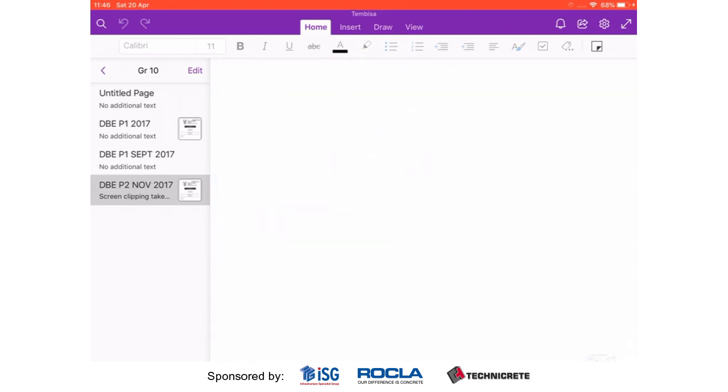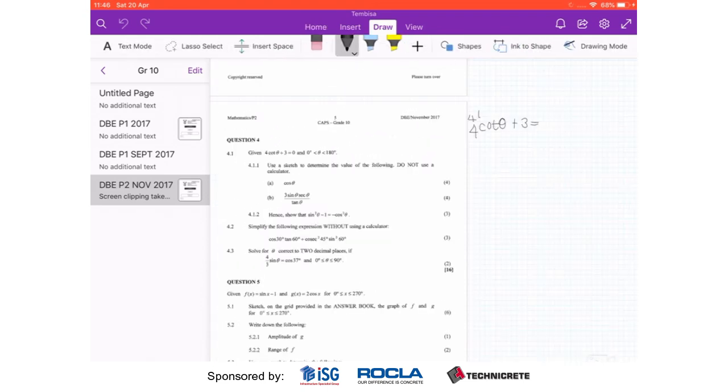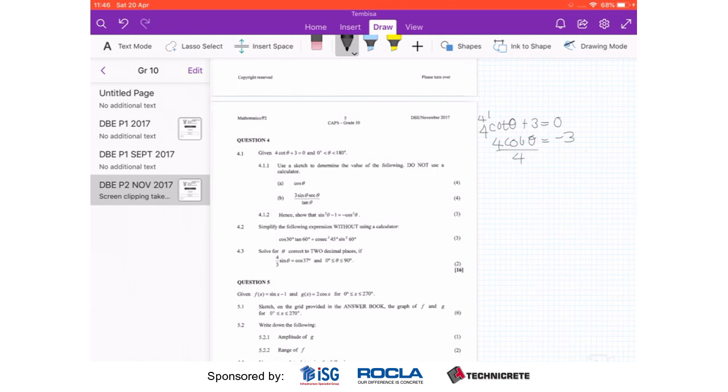It's not a theta, it's a 0. So 4 cot theta is equal to negative 3. Divide both sides by 4. Cot theta is equal to negative 3 over 4. And it's limiting us to only work between 0 and 180.